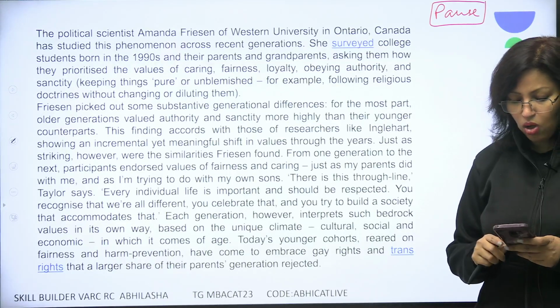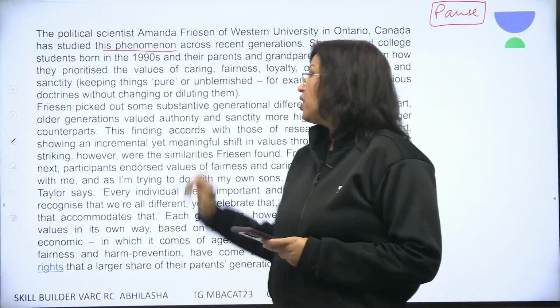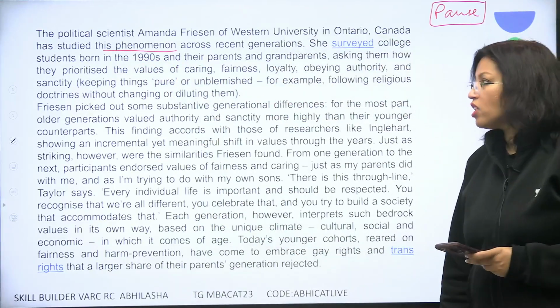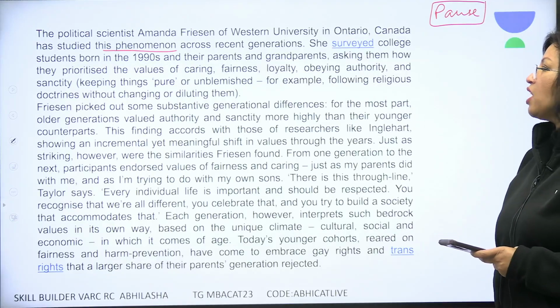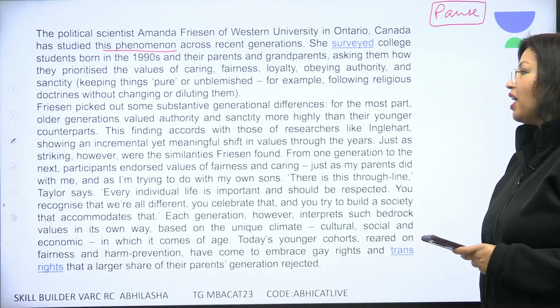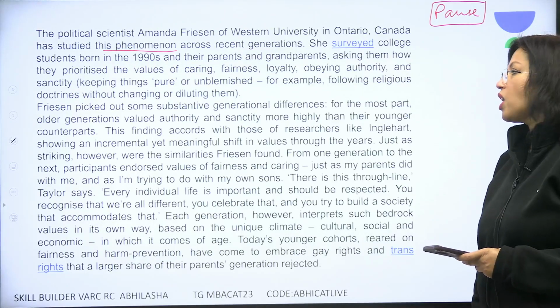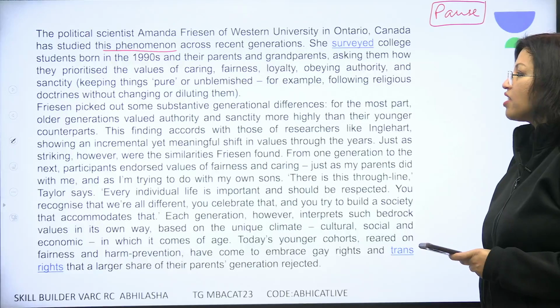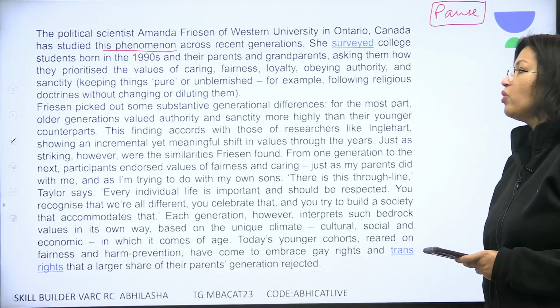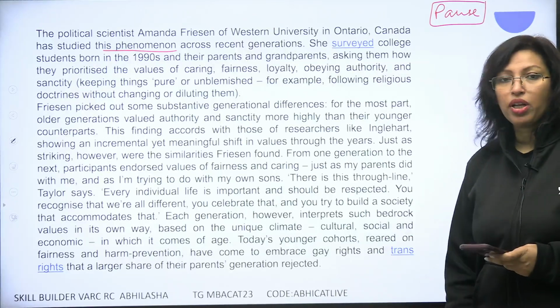She surveyed college students. So what is this phenomena that we are trying to study? She surveyed college students born in the 1990s and their parents and grandparents, asking them how they prioritize the values of caring, fairness, loyalty, obeying authority, and sanctity, keeping things pure or unblemished. For example, following religious doctrines without changing or diluting them. So she asked the children, their parents, and their grandparents.